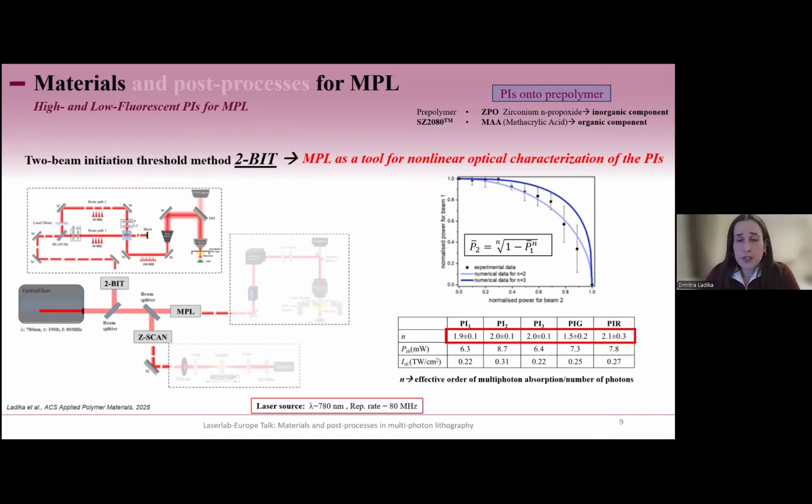And we assumed this based on the UV-Vis spectrum, because PIG showed an intense absorption peak at 300 nanometers, which is the second photon absorption, while there is also a smaller one at 500 nanometers. So we assume that there are two processes taking place at the same time.